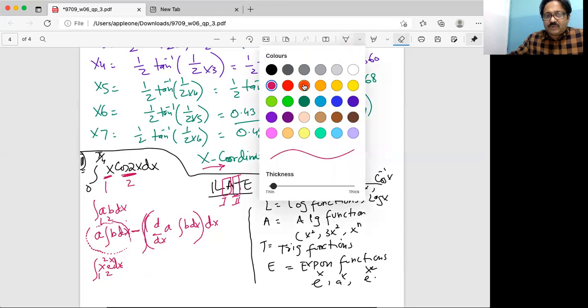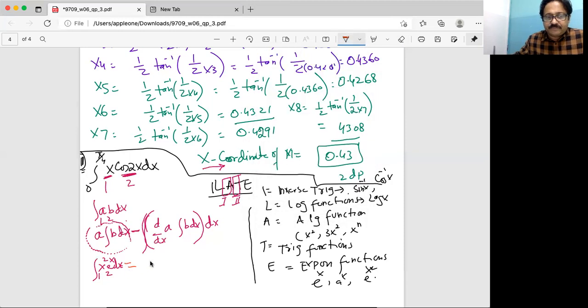First function, x square, times integral of the exponential function, with dx as the rule.